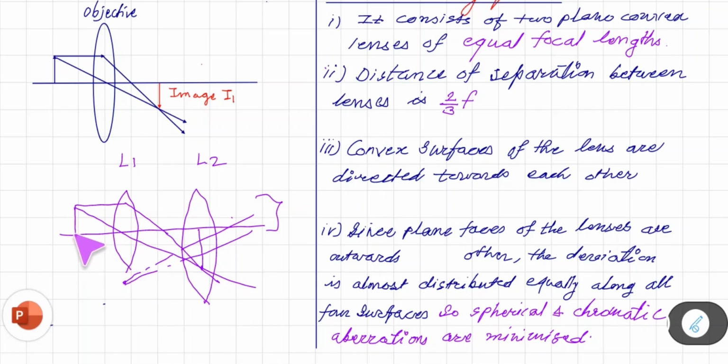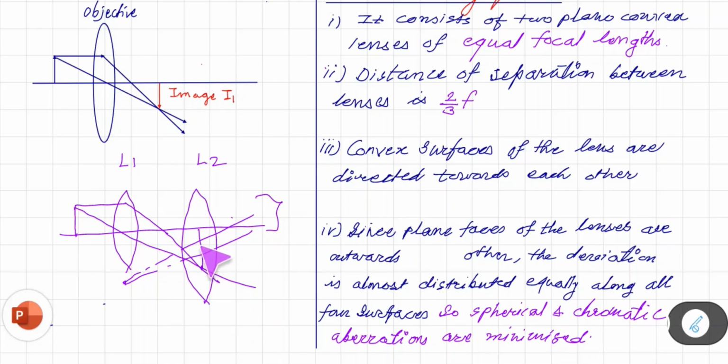So here, this is a real object, and in the absence of the second lens the image formed is real and inverted. But now these two rays are actually traveling to form this image, but before reaching this point they are incident on this lens. So these rays are for this image.